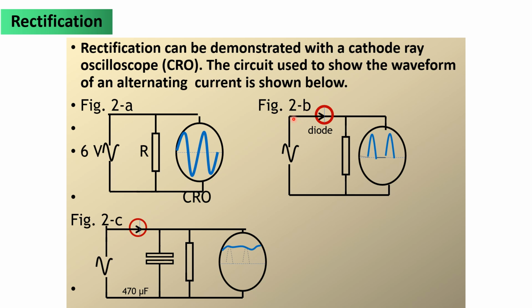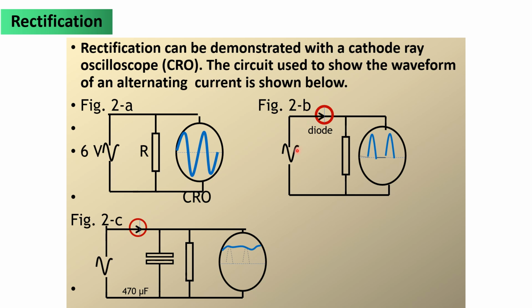So current can pass through. But the kind of waveform that is seen in the cathode ray oscilloscope is just half, the positive waveform, because the negative half of the wave has been cut by the diode.